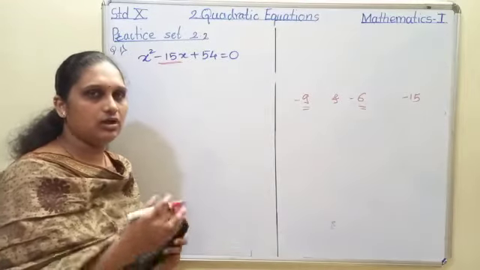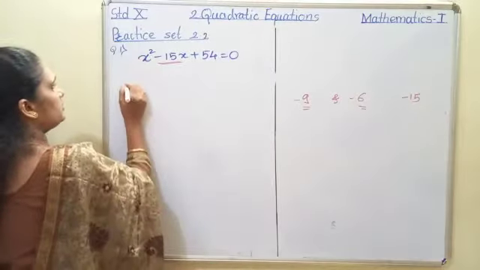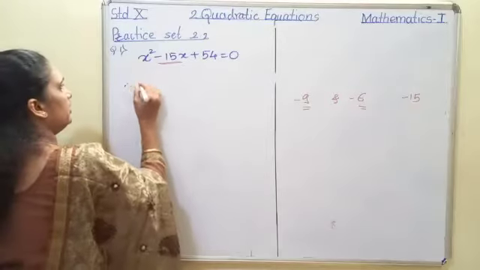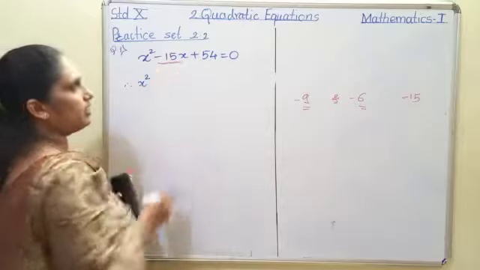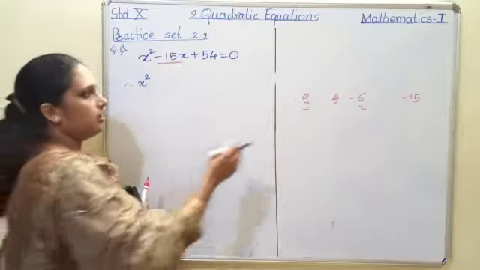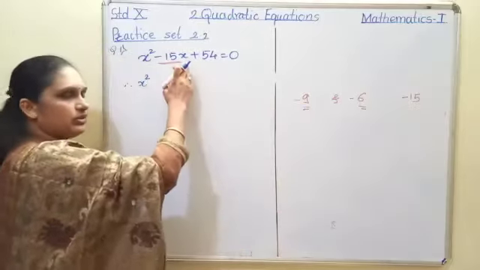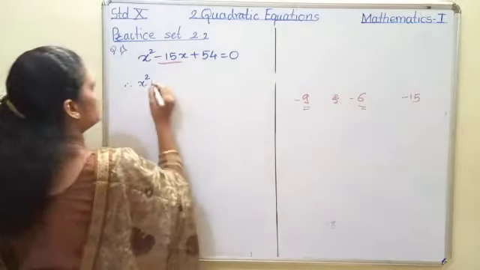So now see how to place. The first number will be the same. Therefore, I'll write the first number the same. Now in the place of minus 15x, I'll arrange our factors, that is minus 9 along with the variable given in the sum, so minus 9x.